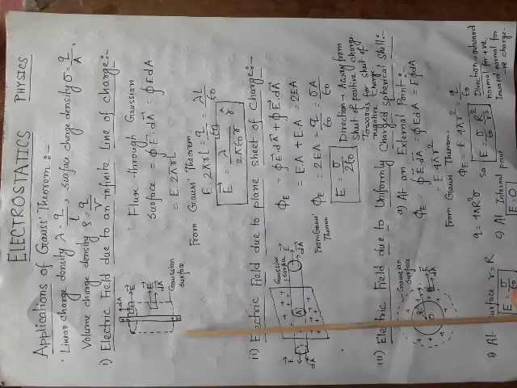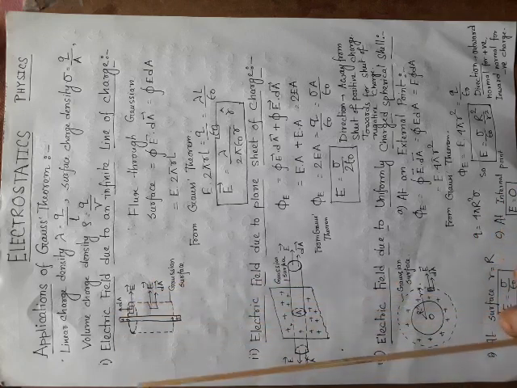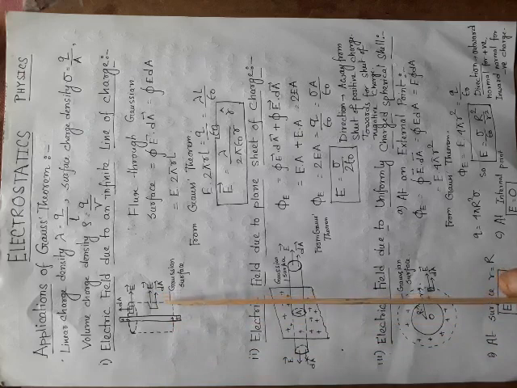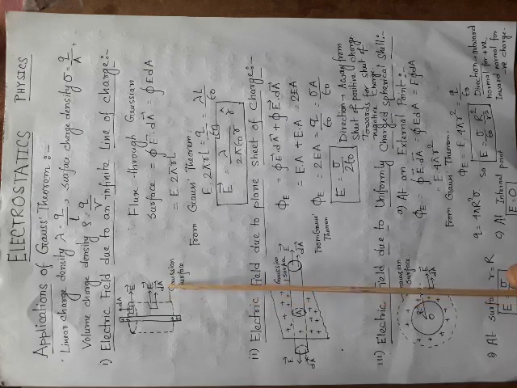So, only flux exists for the curved surface of the Gaussian surface. Here, vector E and vector dA are both radially outward and in the same direction. So, the value of theta between E and dA is 0 here.